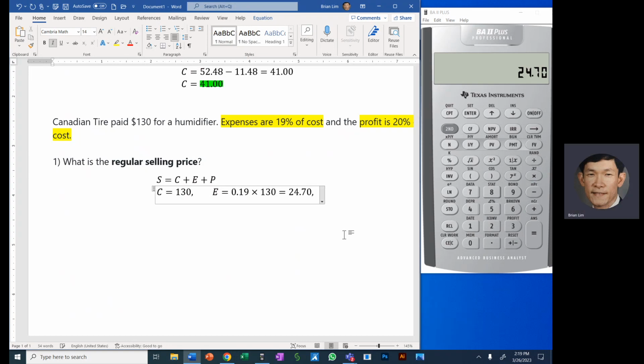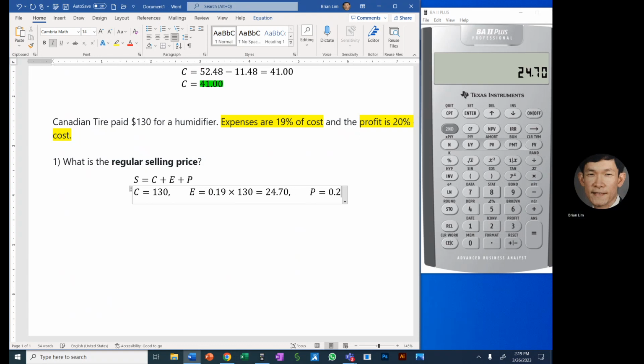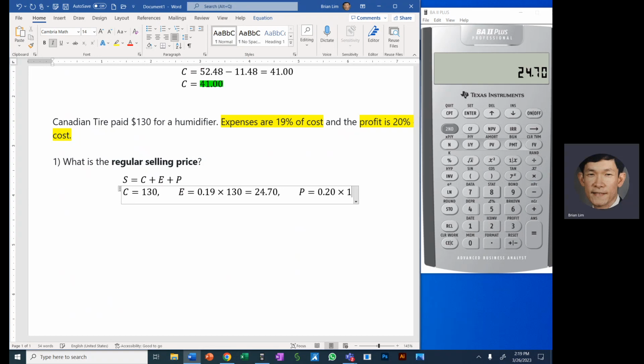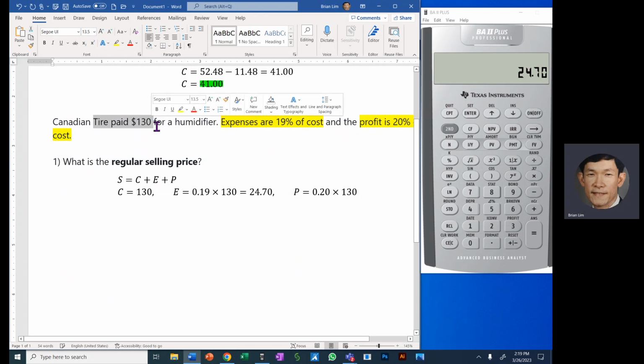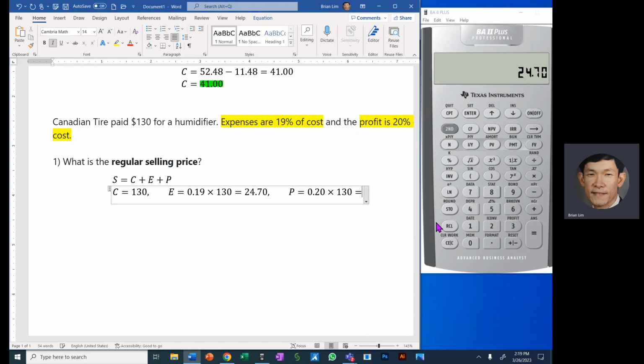All right, the profit is equal to 20%. So that's 0.20 times 130. All right, that's the cost. 130 right there. Right? So this amount here paid $130. So let's compute that one.